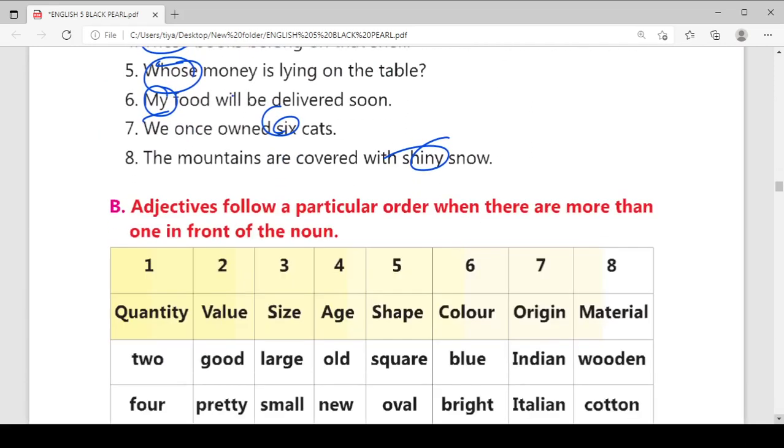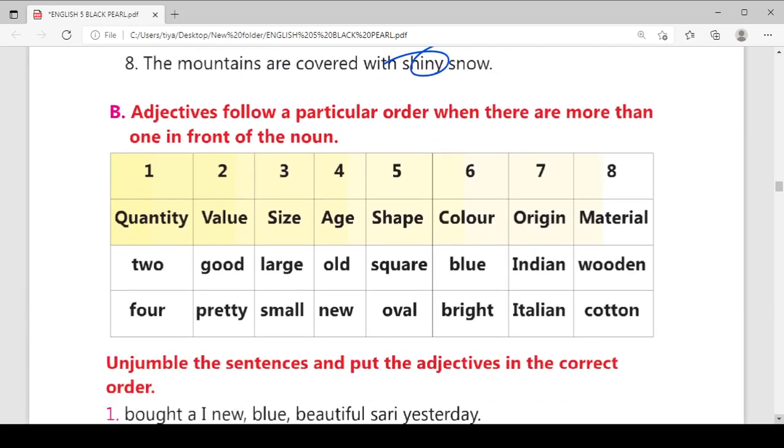Okay. Now adjectives follow a particular order when there is more than one in front of the noun. So you need to understand this table also, because this table is more important, and whenever you need to use 2 or 3 adjectives in a single sentence, by following this table you can easily use them without making any error.